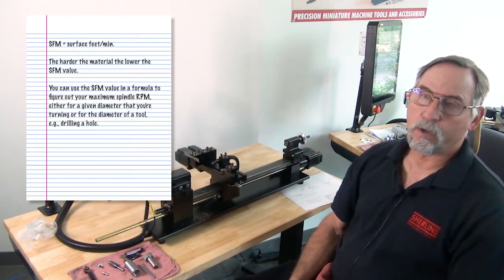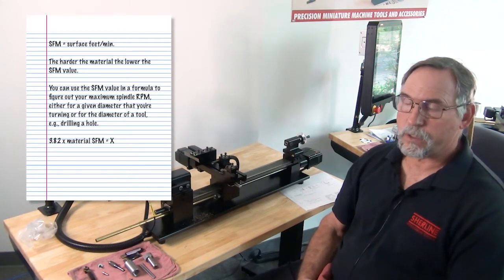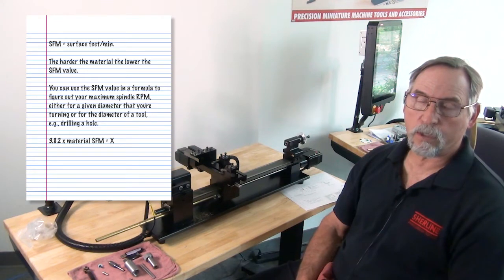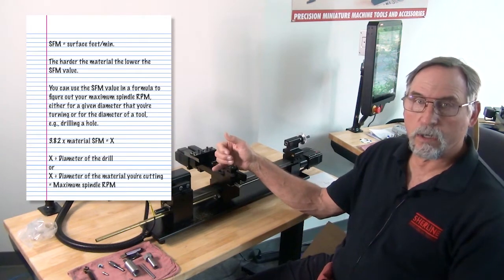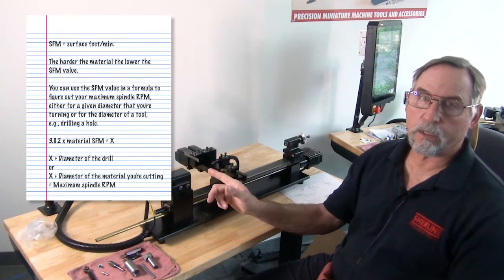The formula to figure out your max spindle speed is 3.82 times the SFM for that material. Then you take that value and divide it by either the diameter of the drill you're using or the actual diameter that you're cutting when you're turning on the lathe.